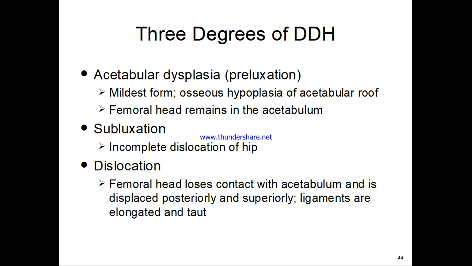The femoral head does remain in there, but this is something that can be detected on X-ray and could potentially progress to a worse form. When full dislocation occurs, the femoral head loses contact with the acetabulum and is displaced posterior and superiorly, so back and up. Ligaments become elongated and taut.